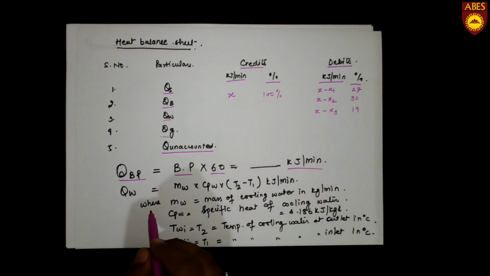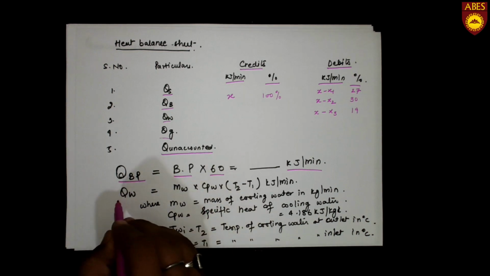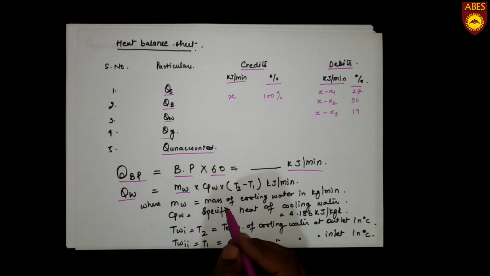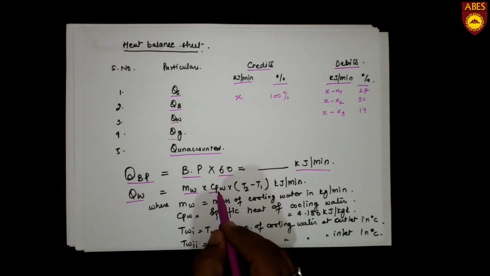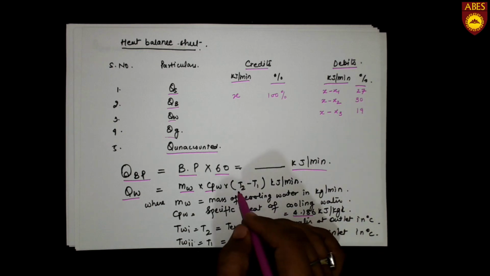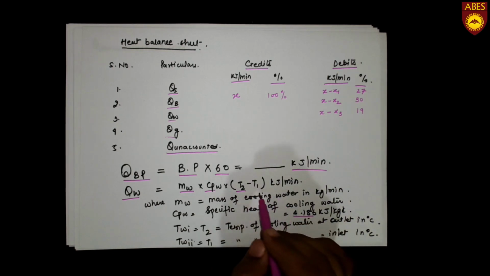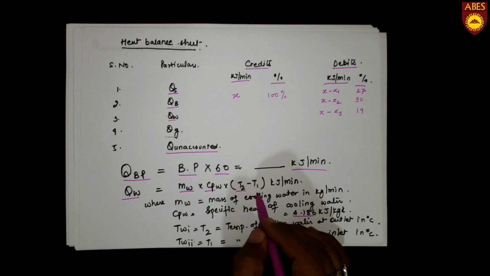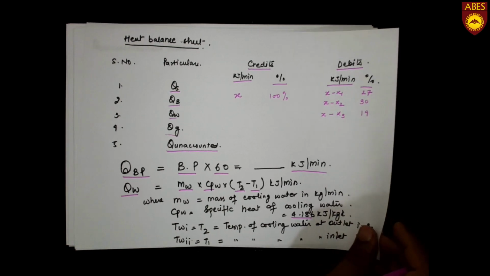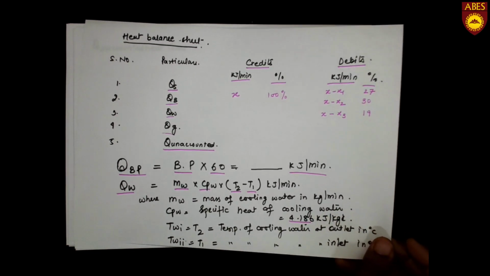Heat carried away by the cooling water is QW, which equals mass of the cooling water in kilogram per minute into specific heat of cooling water, which is generally taken as 4.186, into the temperature of the cooling water at the outlet in degree Celsius minus the temperature of the cooling water at the inlet in degree Celsius. These basic formulas can be used in order to get this heat balance sheet.